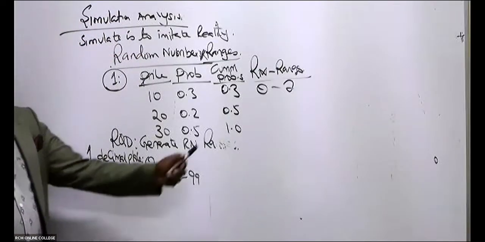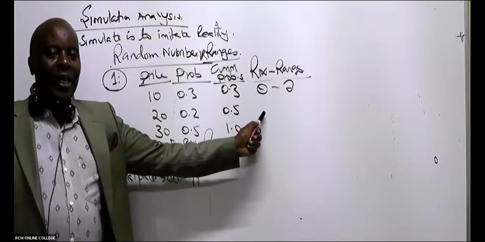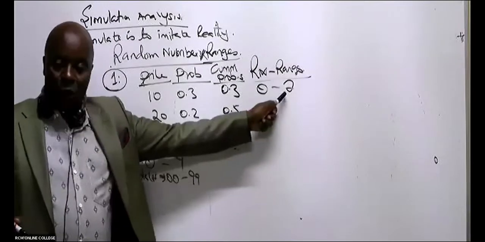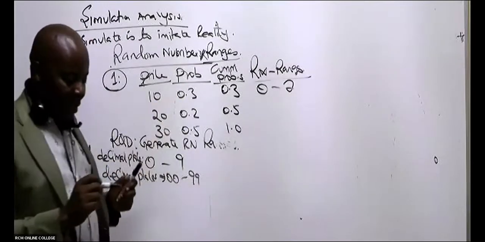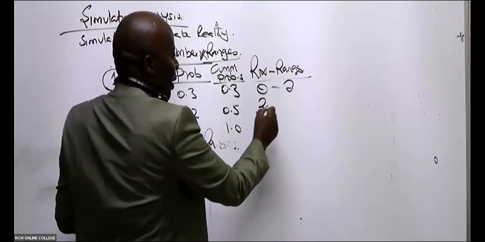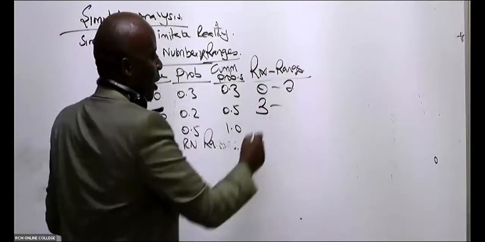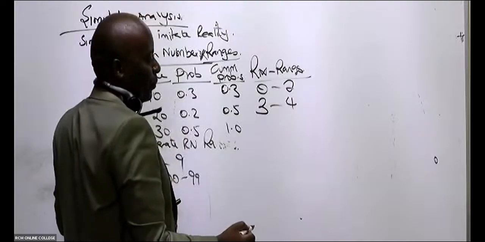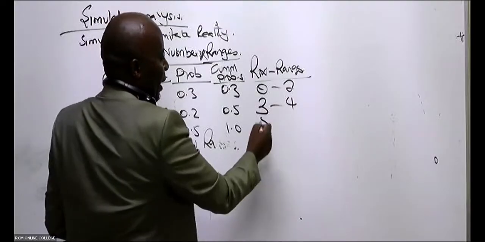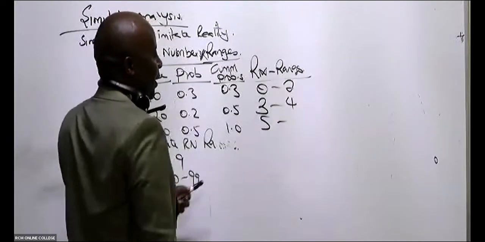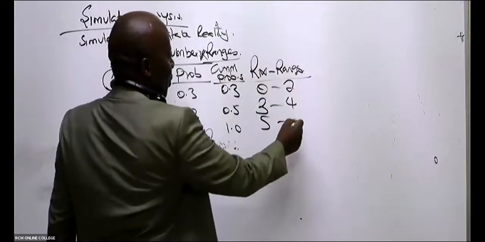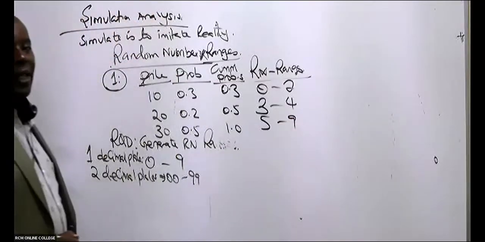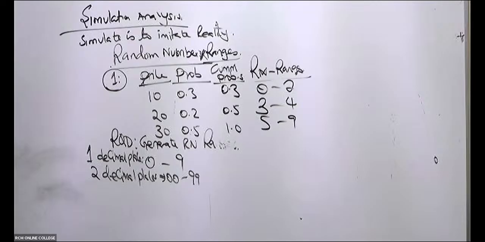I can't begin from 2; I begin from the next number after 2 on the number line, which is 3, all the way to 5 minus 1, which gives me 4. The next number after 4 is 5, all the way to 10 minus 1, which gives me 9. Great, so that's exercise number 1.